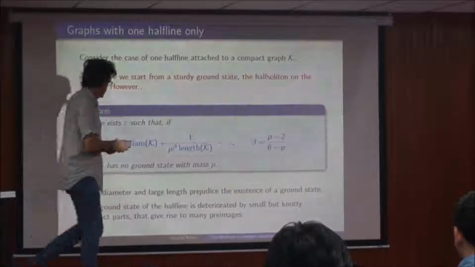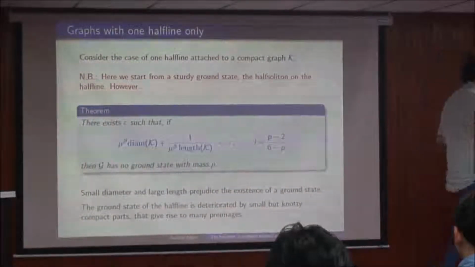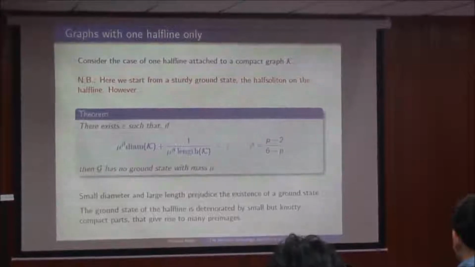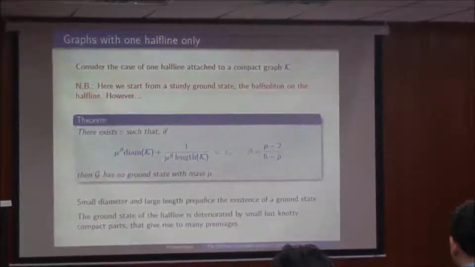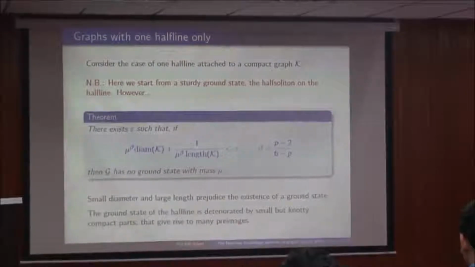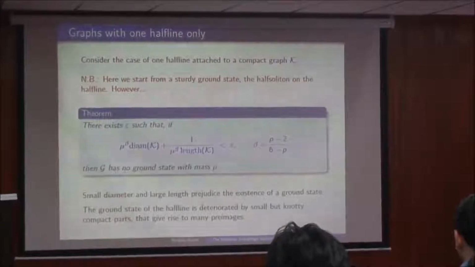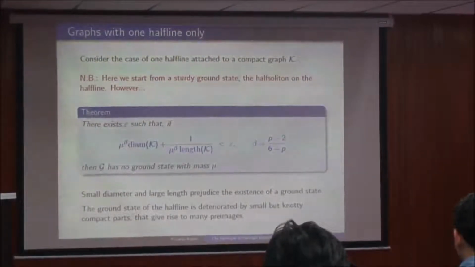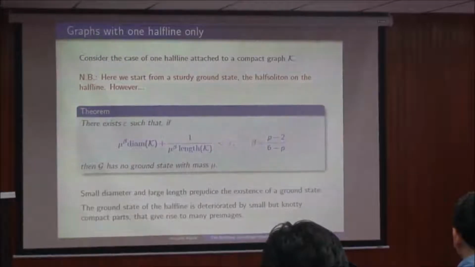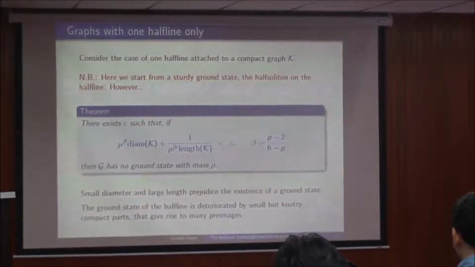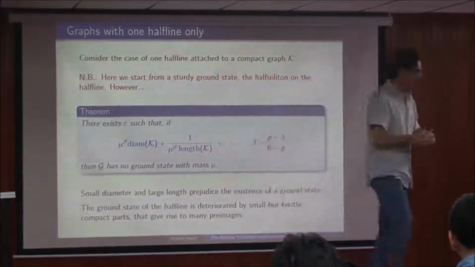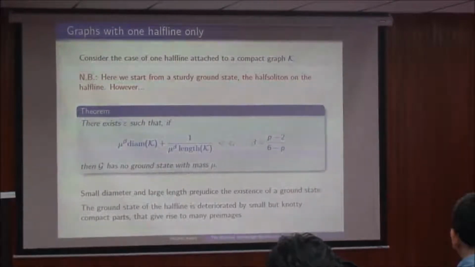Here we have mu to the beta, here the diameter is 2L plus 1, mu to the beta, and L. Now if L is N to the minus 1/2, here you have N to the minus 1/2, and here N to the 1/2, the square root of N. Of course, this must be less than epsilon.